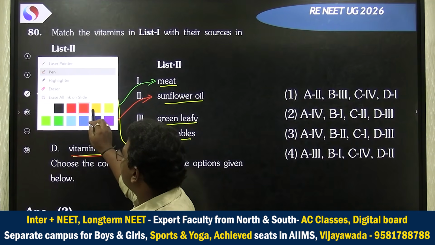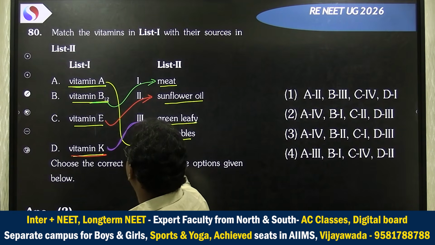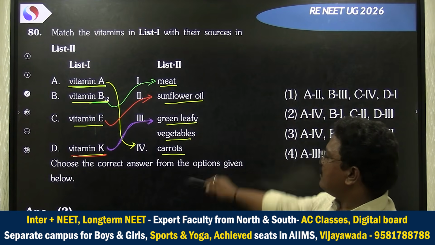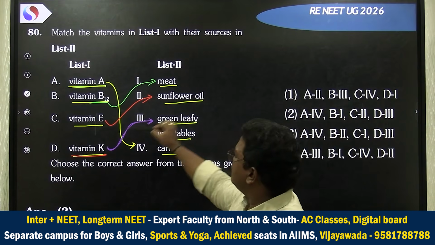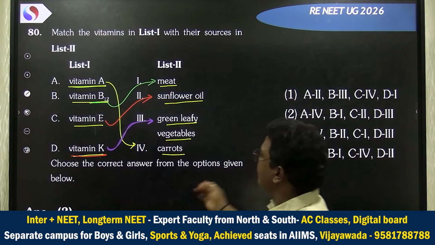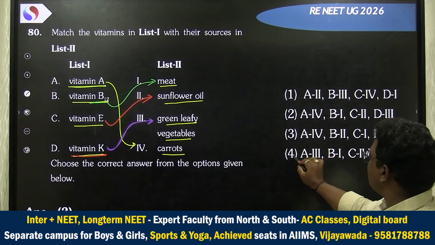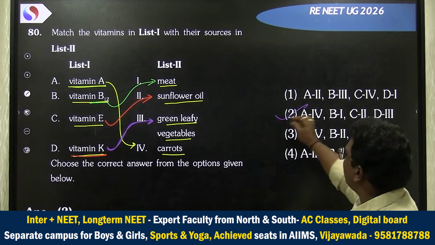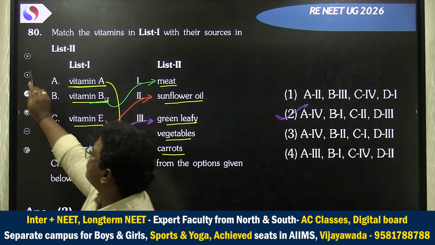The main source of vitamin K is green leafy vegetables. సో vitamin A carrots, vitamin B12 meat, vitamin E sunflower oil, vitamin K green leafy vegetables. A కి 4 అండ్ B కి 1, C కి 2. This is the answer. అర్థమైందా? మీకు బాగా తెలిసిన క్వశ్చనే కదా.